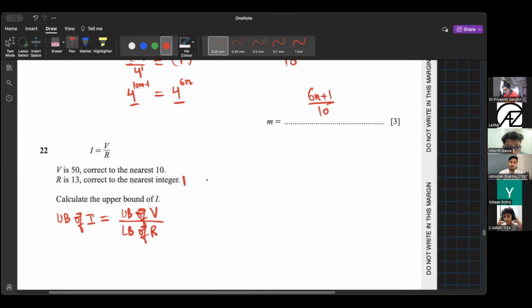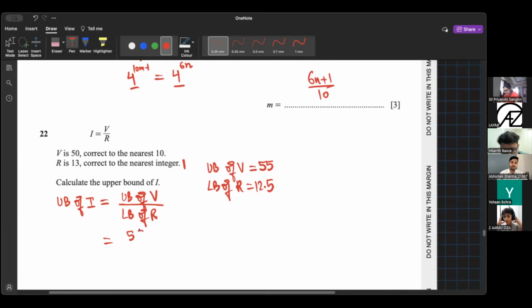So let's find the upper bound of V. Upper bound of V is 55. Lower bound of R is 12.5. So simply 55 divided by 12.5 is 4.4. 22 by 5, that is 4.4. Perfect.